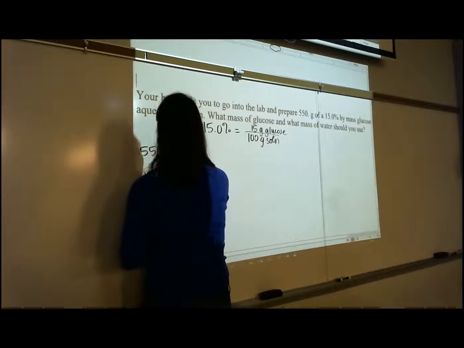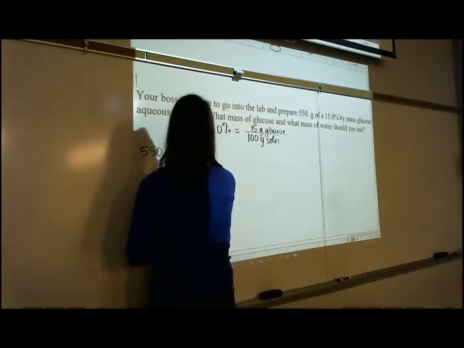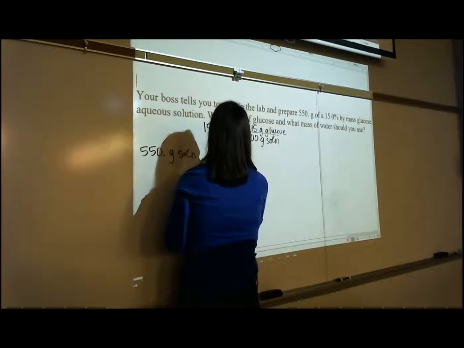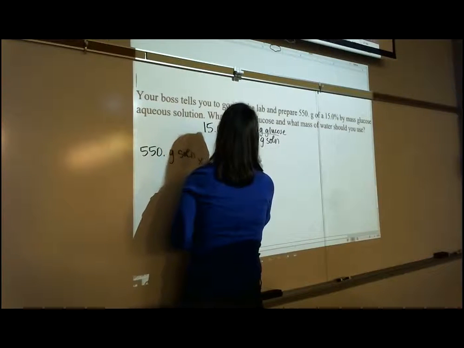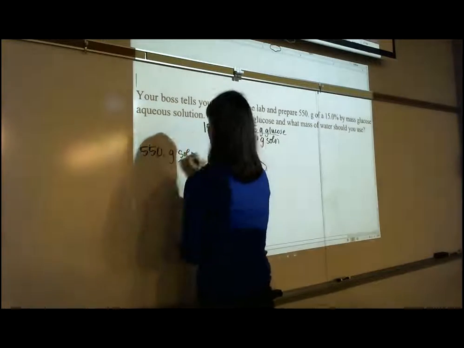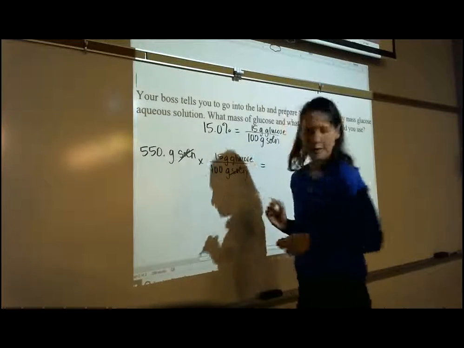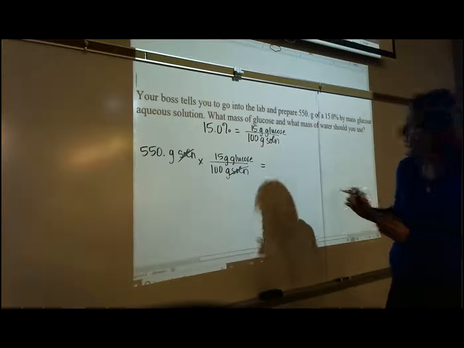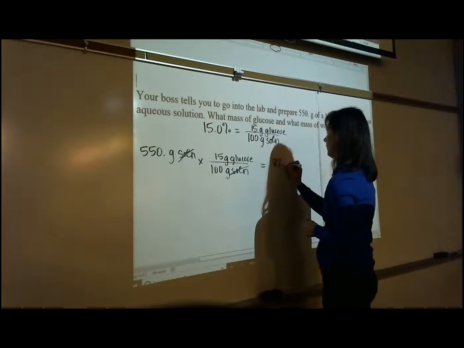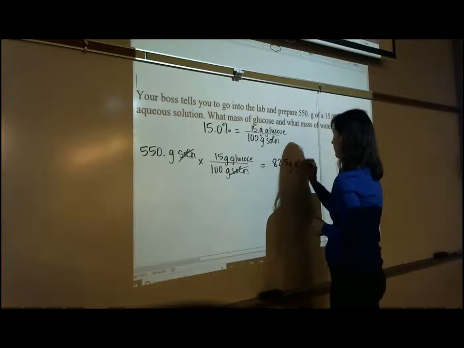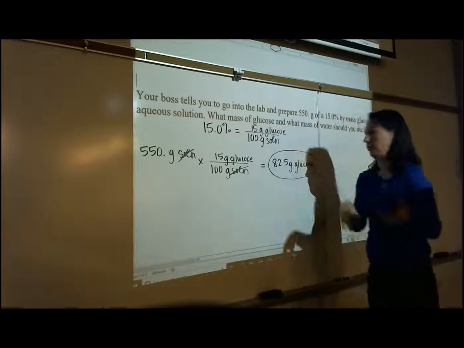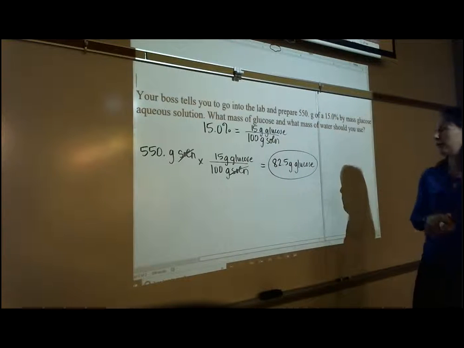So 550 grams solution times for every 100 grams of solution, I have 15 grams glucose. So solution cancels. So the mass of glucose I got is 82.5. So that's the mass of glucose.